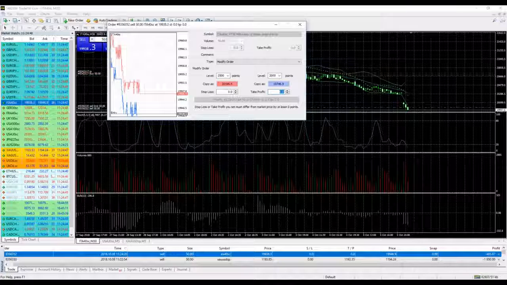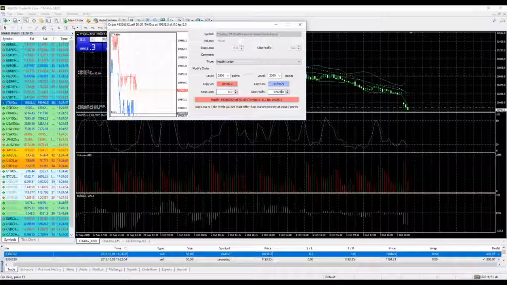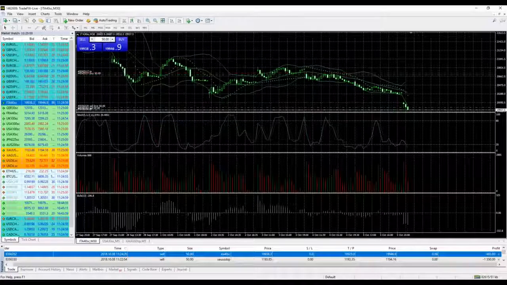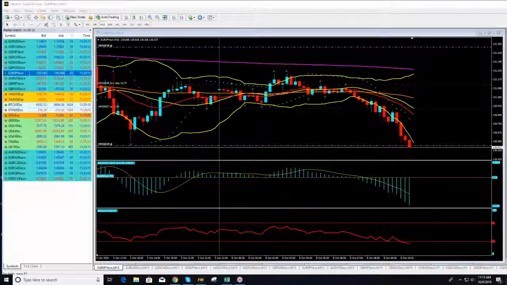Currently it's at 19,900. So I'll put over there my take profit at 19,925. I see that Kyriakos has an update. I will pass to Kyriakos and we'll see what's happening here.